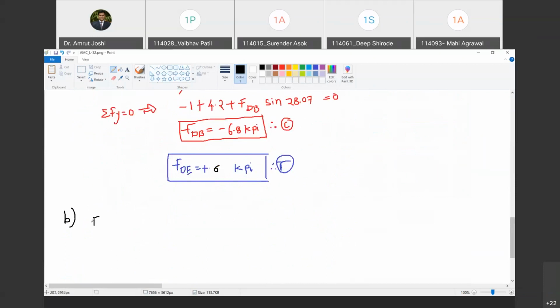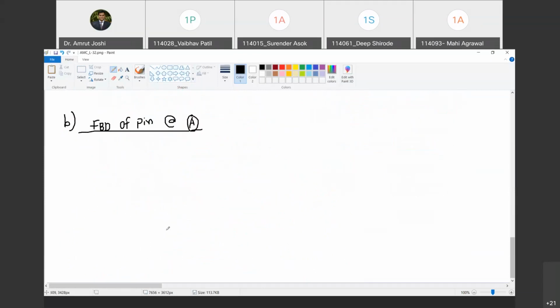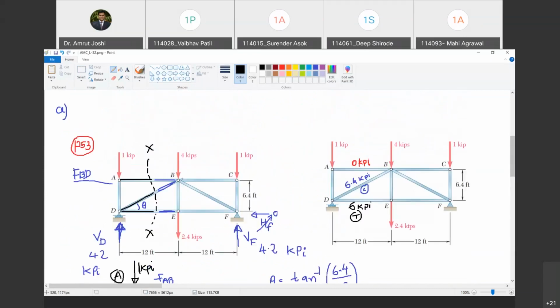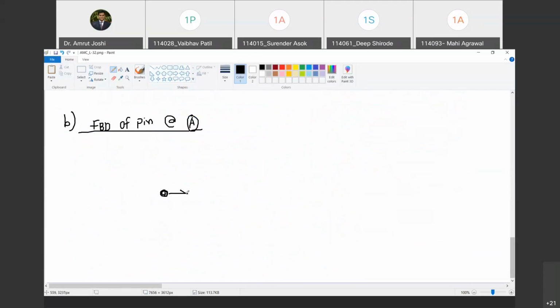First of all, I am going to draw a free body diagram of the pin at A. Happy? Yes, sir. So how do I draw that? This is the pin at A. Is member AB external to that joint pin? Yes. And it must be applying a tensile force because I assume that every member is subjected to tension.